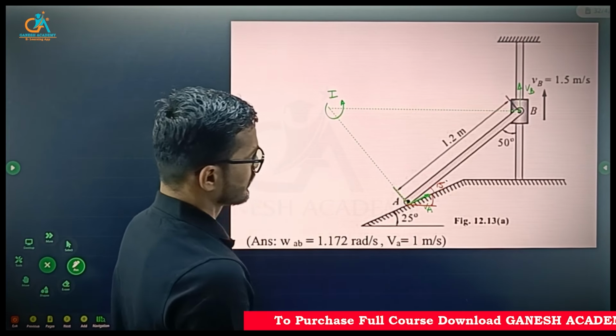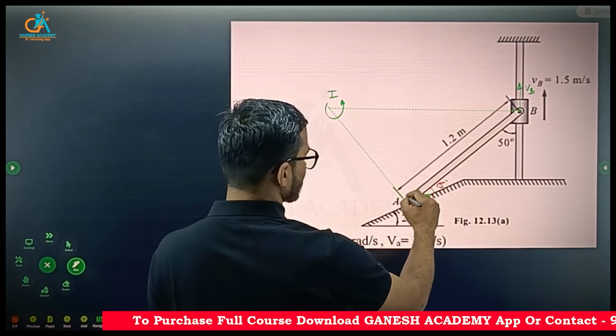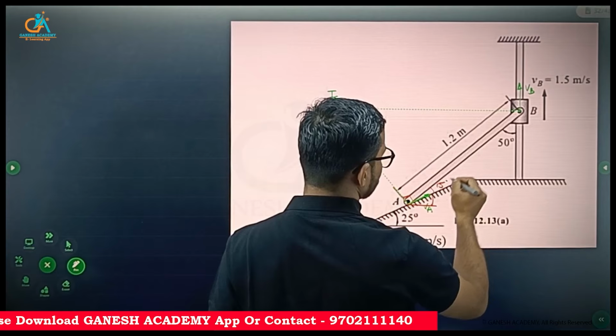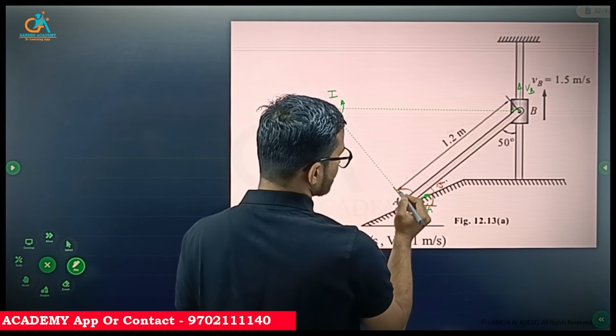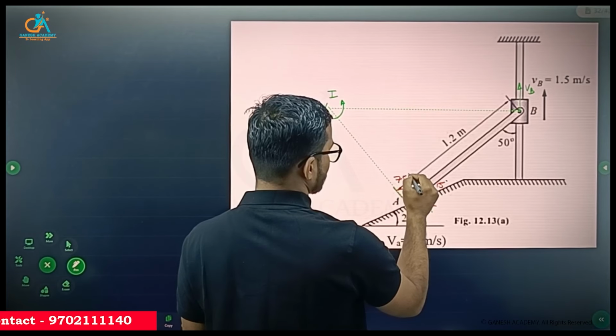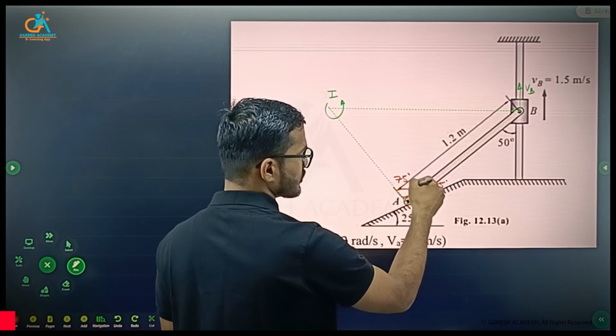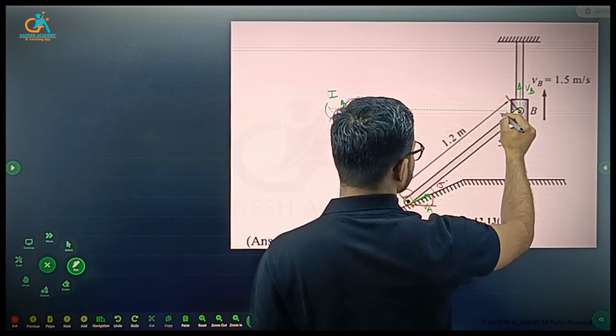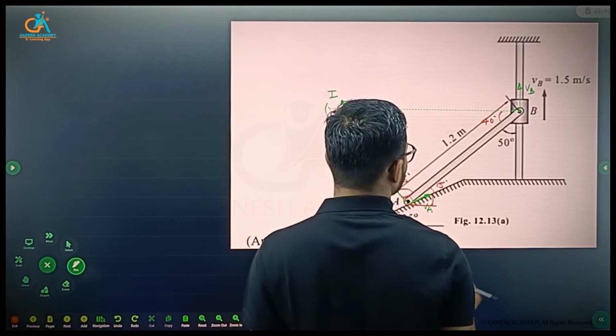Now this is the perpendicular, this is 15, so this angle should be 75, so that the addition of these angles is 90. If this is 50, this should be 40.